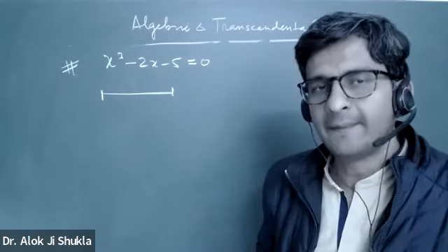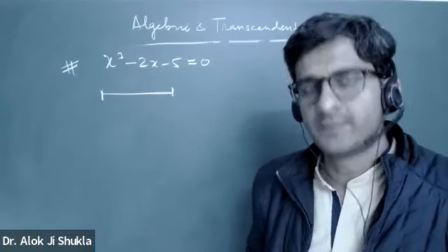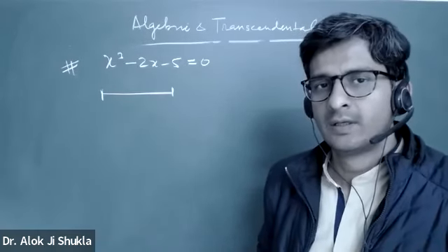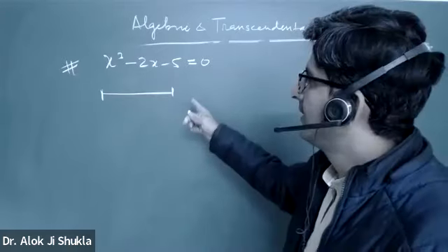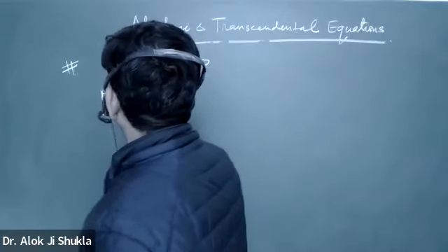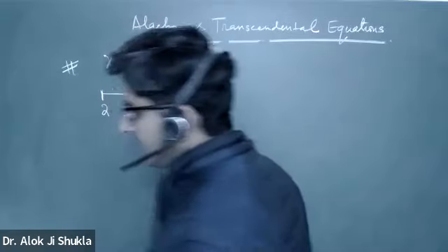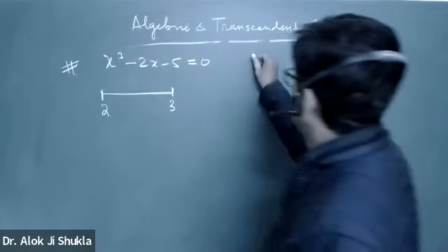But for your exam, because they have to make objective type question, so everybody should get same answer. Isliye they will give the starting point. So here it is given that it is 2 and 3. The root lies between 2 and 3. Okay.